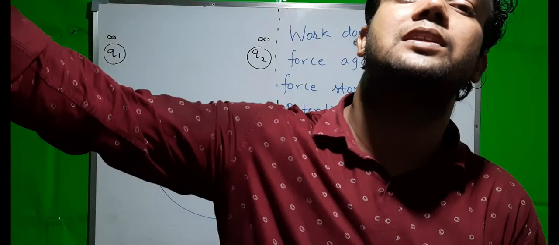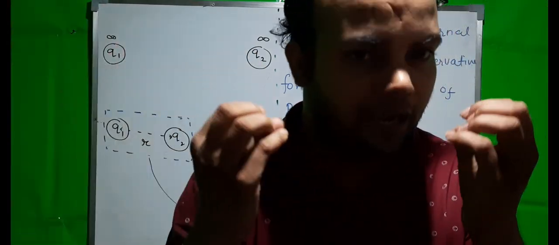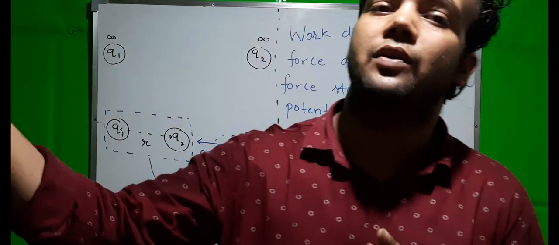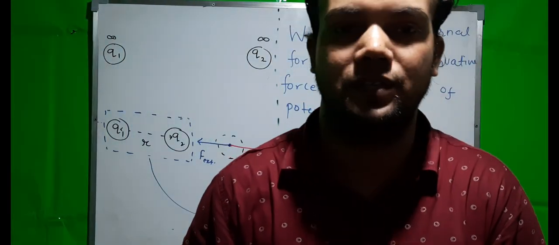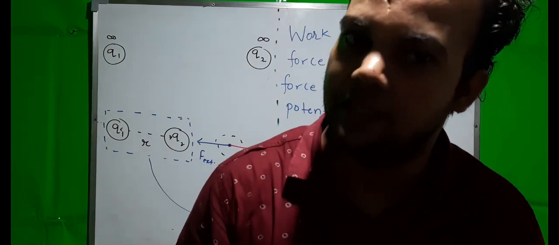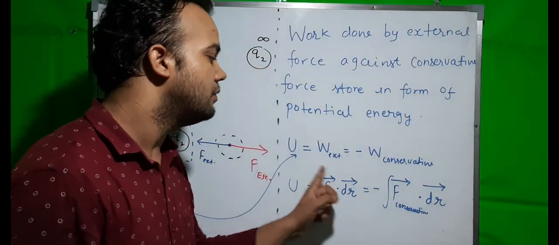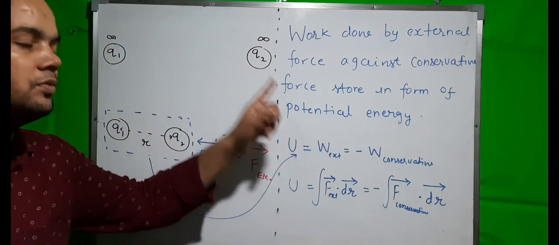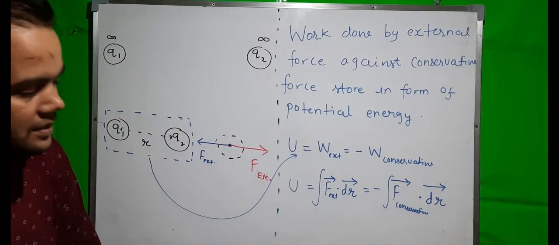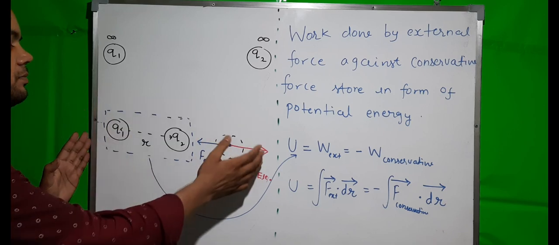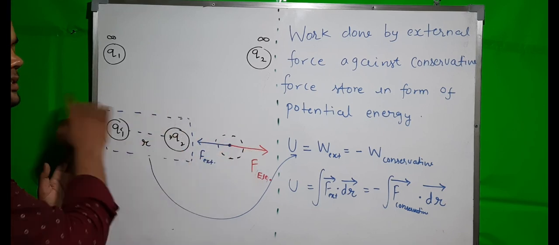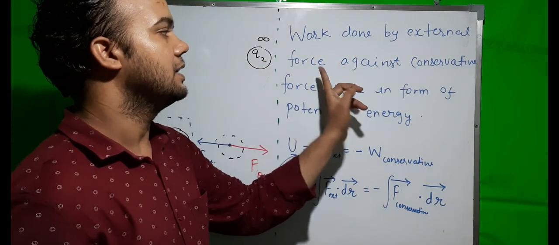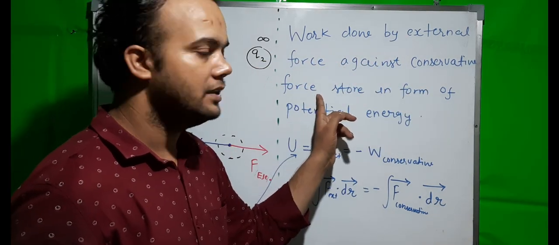From a zero potential energy configuration to a particular configuration, we bring both the charges with the help of external work, and this work done by the external force is equal to the potential energy of this system. So again, we can define here: potential energy of the two-charge system is equal to work done by the external force against the conservative force.